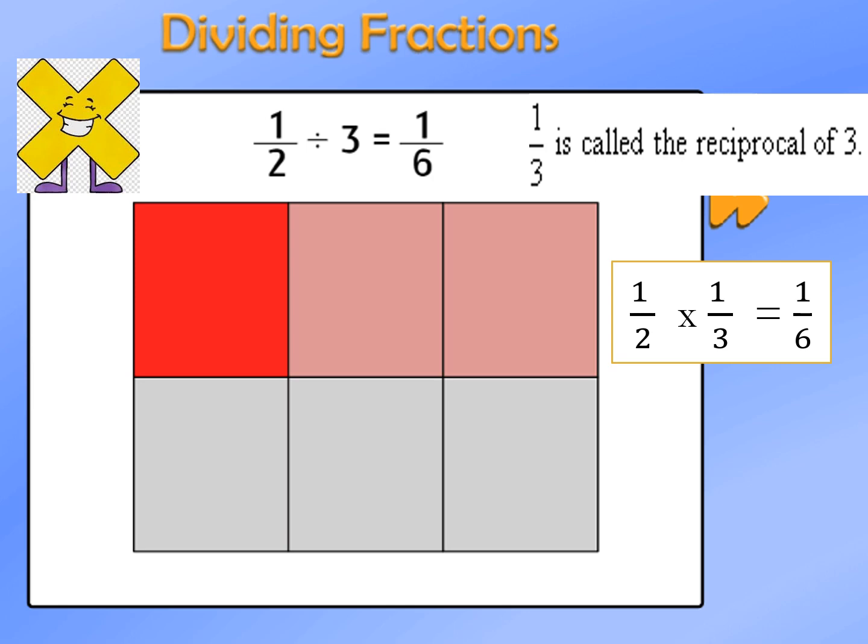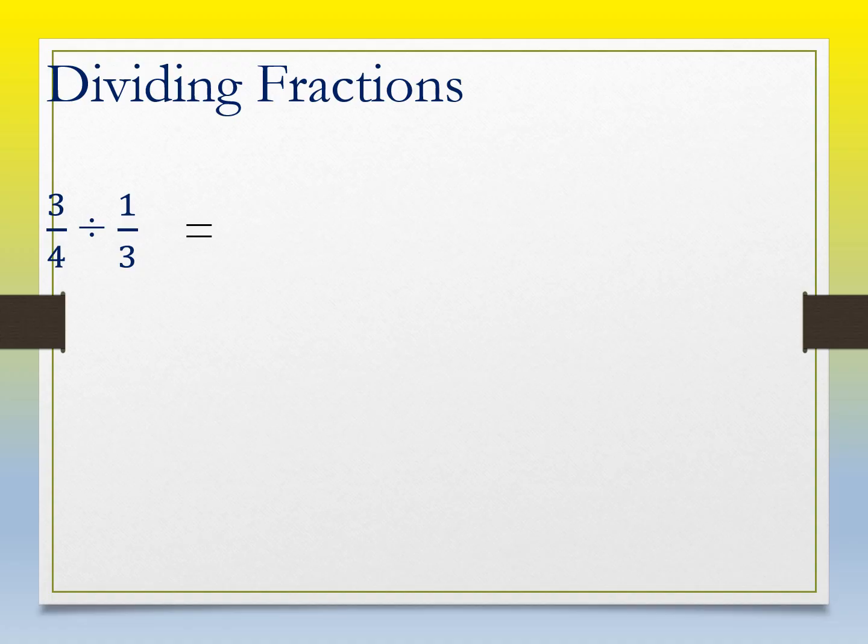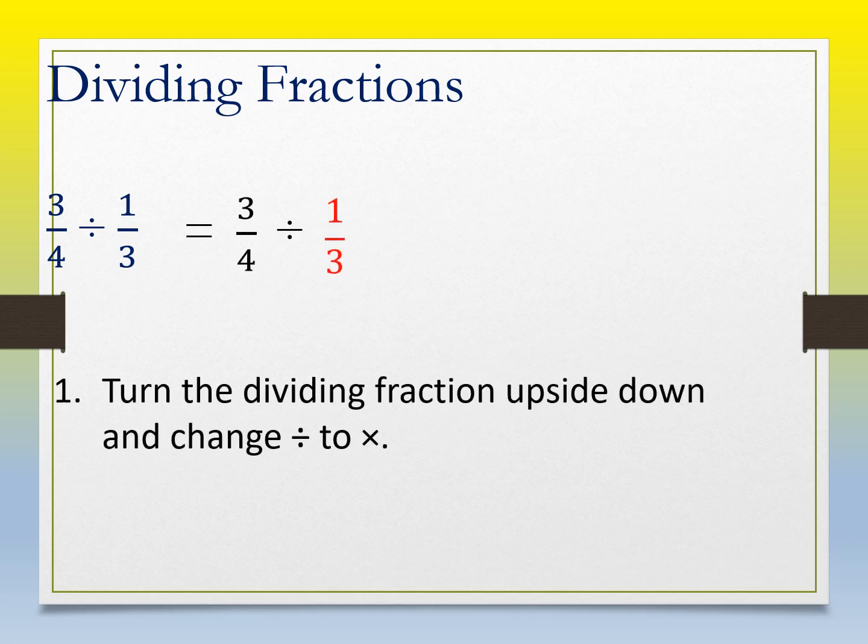Now let's solve more exercises about dividing fractions. As we said, 3 over 4 stays the same, while division becomes multiplication. And instead of 1 over 3, we use its reciprocal, which is you turn it upside down to become 3 over 1.